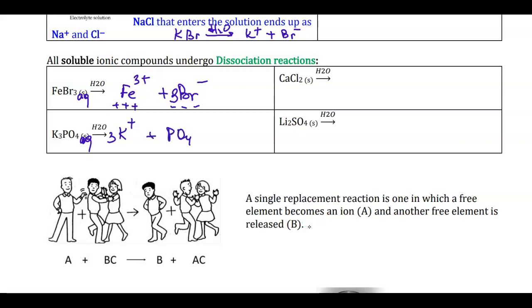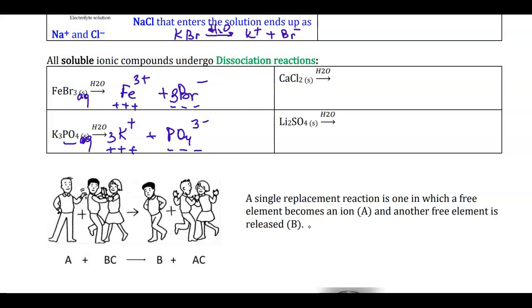If you don't have a chance to look at the periodic table, of course, you can figure it out from this. 3 potassium plus gives us 3 plus total charge. And there's only one PO4 anion here that gives us 3 negative charge. Okay, and please pay attention, use the digit before and then plus or minus.